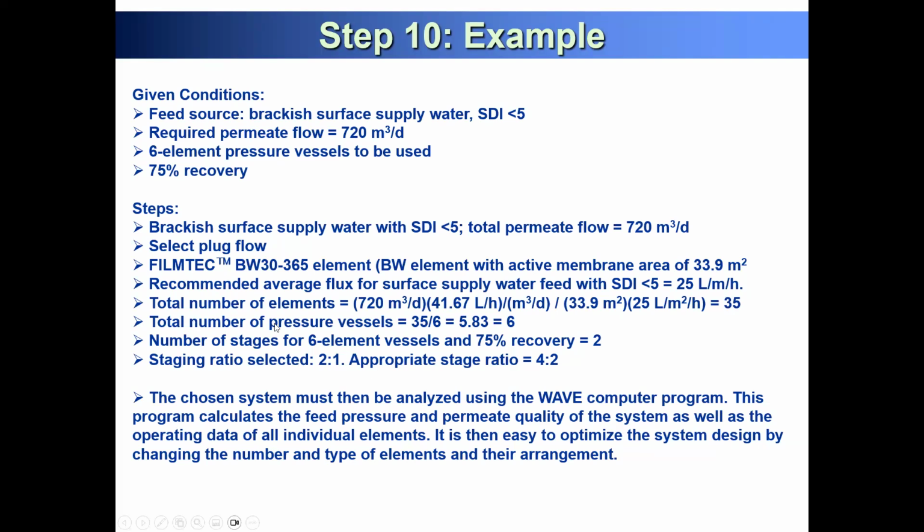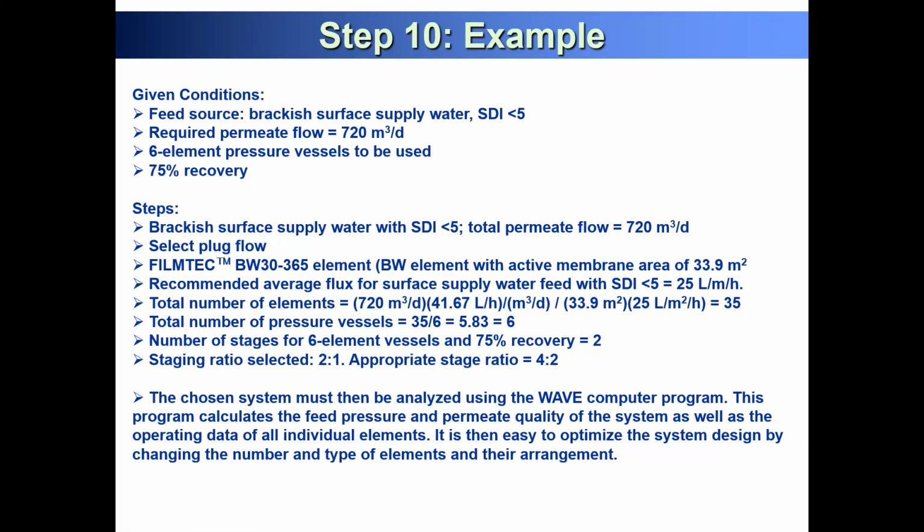What's the next step? The total number of pressure vessels. We want to put 6 elements, or maybe 7; you can decide. We'd like to include 6 elements per pressure vessel, so you get 5.8, which means we need 6 pressure vessels.